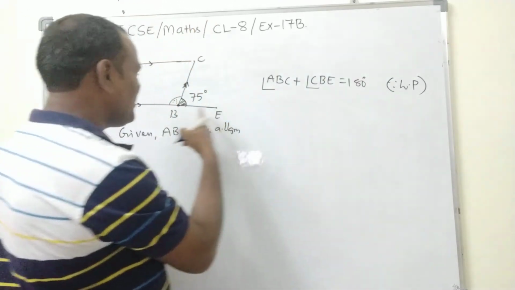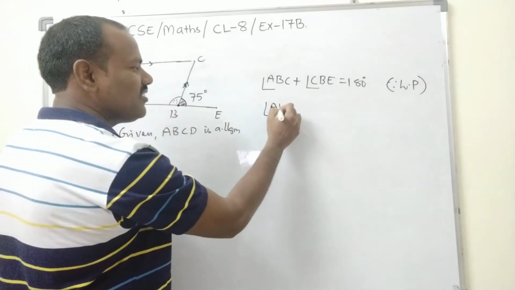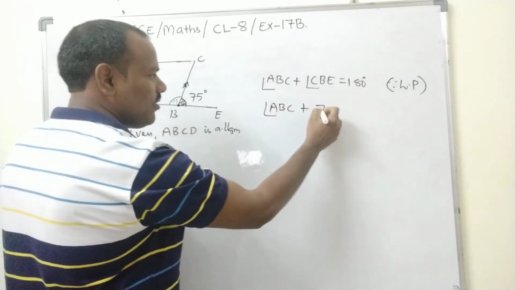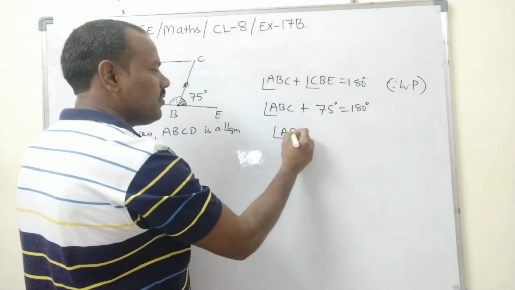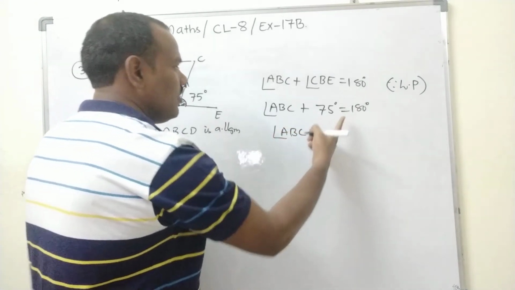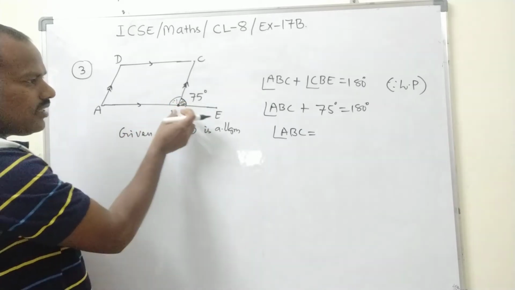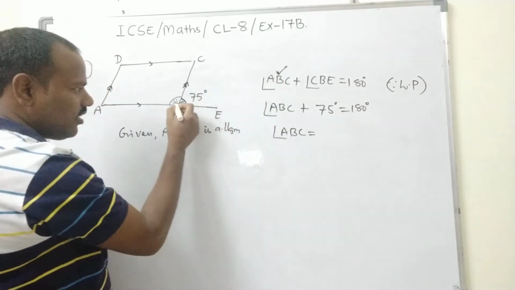So angle ABC value we don't have. That only we have to find out. So keep angle ABC like that only. CBE value is already given, 75 degrees. So angle ABC is equal to 180 minus 75 equal to 105. Since it is split, that is why we have to use 3 letters. Concentrate on the middle letter here.